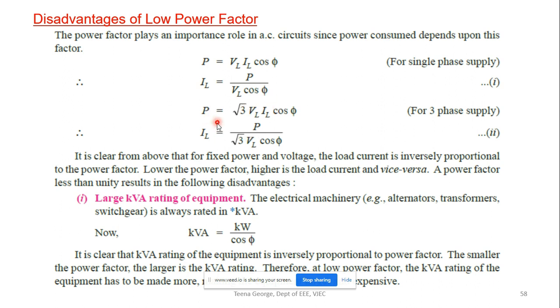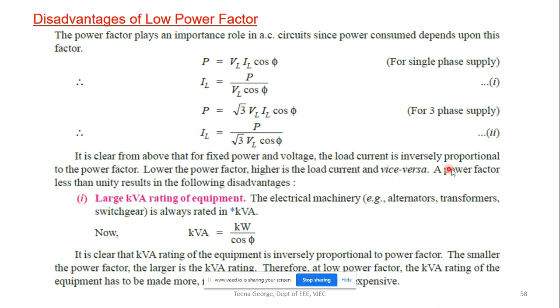In a three-phase system, P equal to root 3 VL IL cos phi, IL equal to P by root 3 VL cos phi. So it is clear that the current value decreases with increase in power factor. When power factor is increased, current is decreased. So for higher power factor, the current value is decreased.